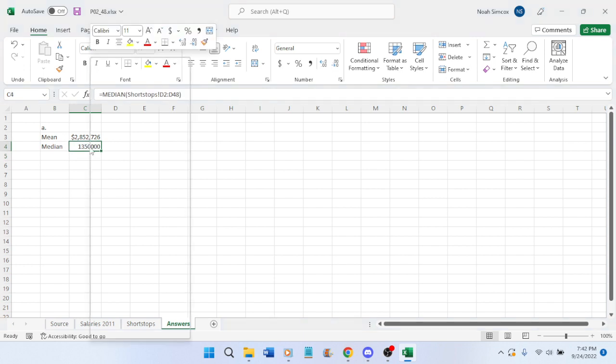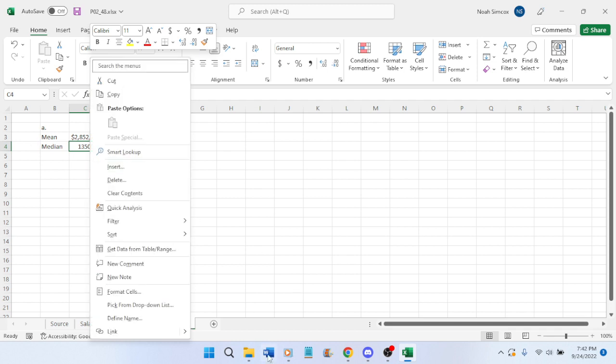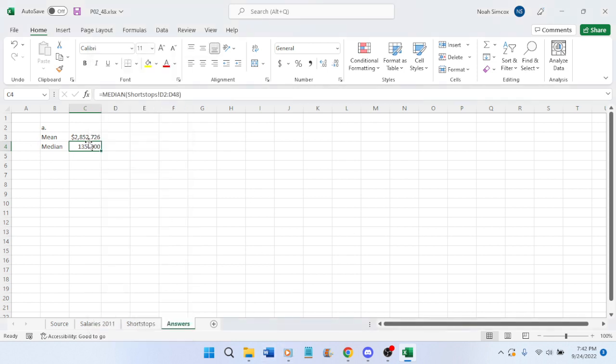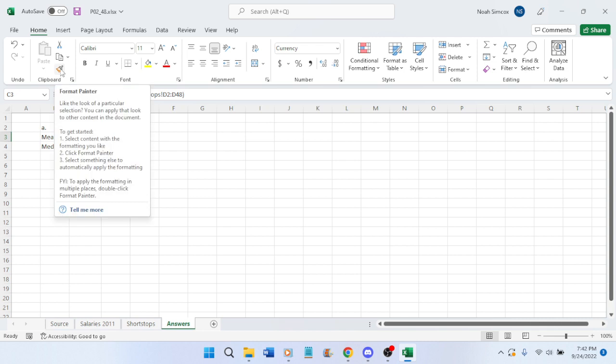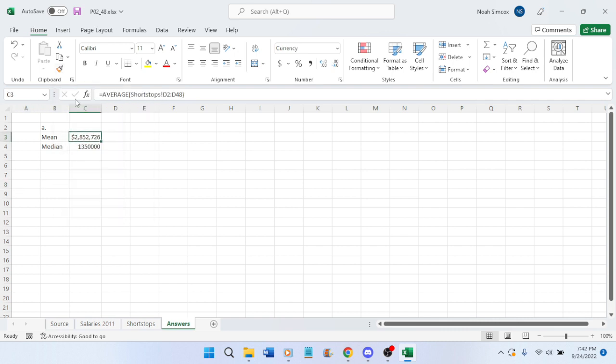Please copy the formatting. Stupid Excel's lagging. I think there's an easy way to copy. Format painter. All I have to do is this and then this. Boom. Did it. Mean and median is there.